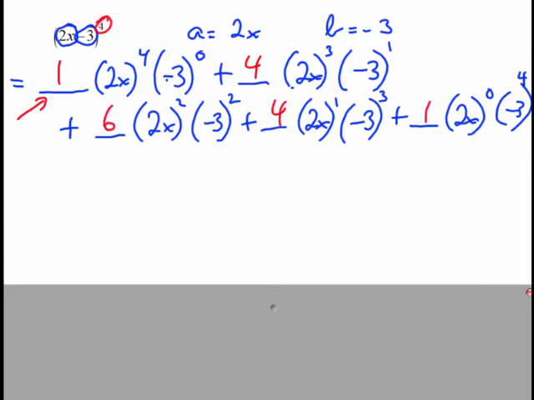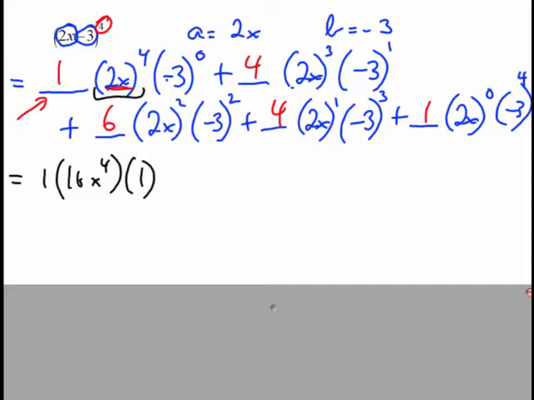But those numbers are going to look different in terms of coefficients because we have other things happening with our a and b, numbers that are being affected by the exponents. So we need to simplify this carefully. We're going to have 1. We need to work out the exponent. 2x to the 4th is 16x to the 4th. Negative 3 to the 0 is 1.